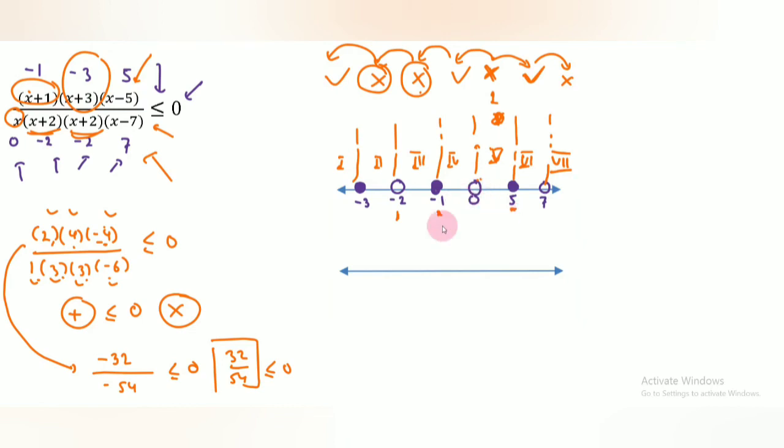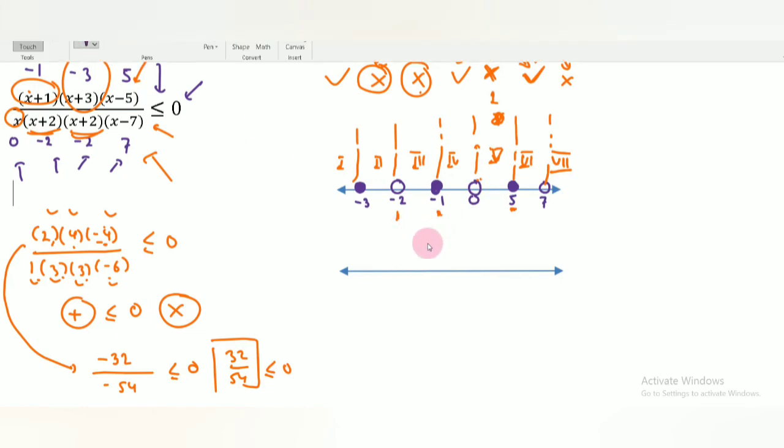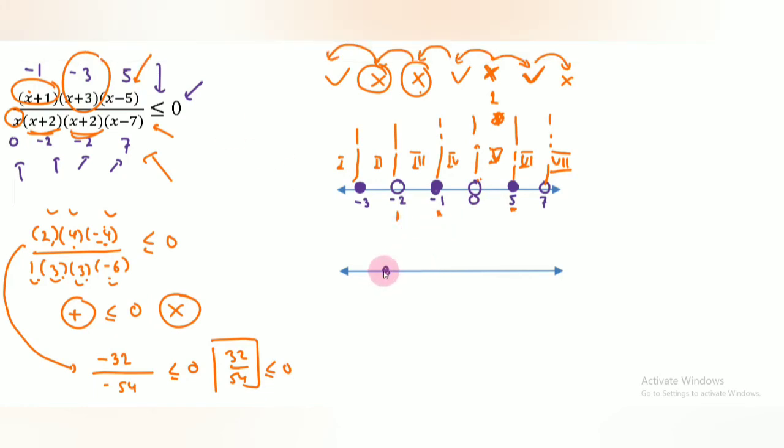Okay, so in the end, we can draw a conclusion. This is negative 3, and the ones that are satisfying are these: negative 1, 0, and then 5, 7.